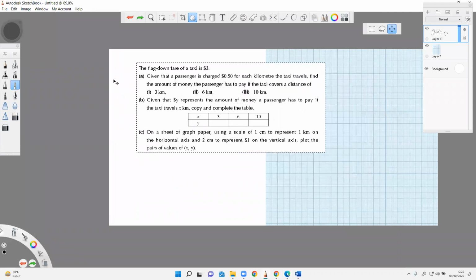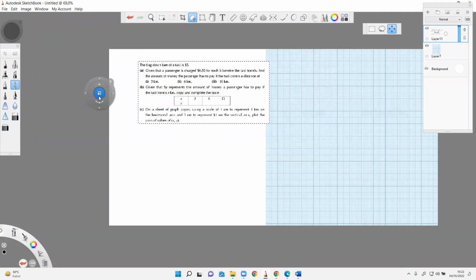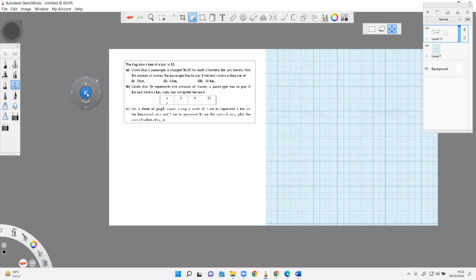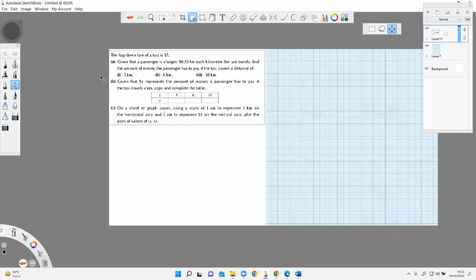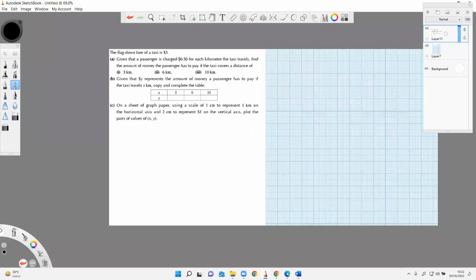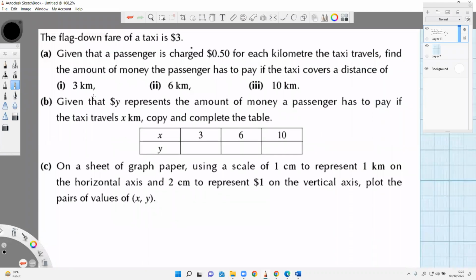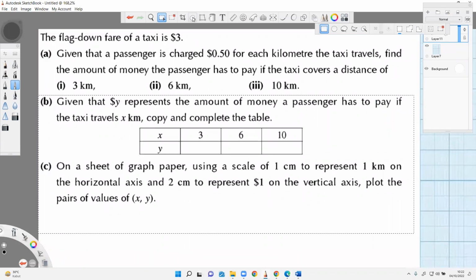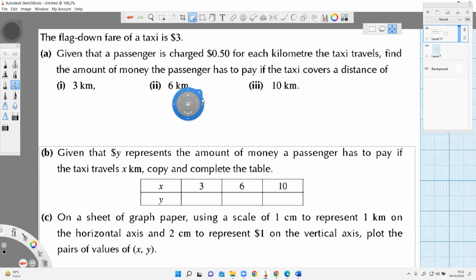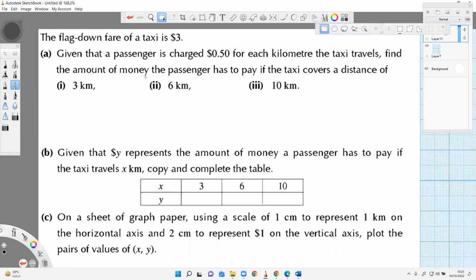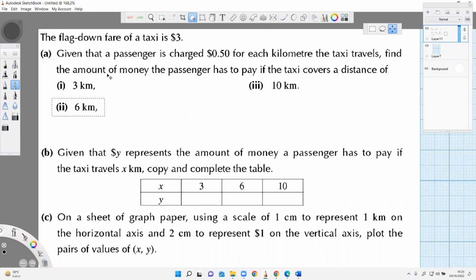Okay. So let's see the question. It is the flag down fare of a taxi, and so on. Okay. Let's see. I will make it a bit lower. I will rearrange the position so it will be quite comfortable to see the question.